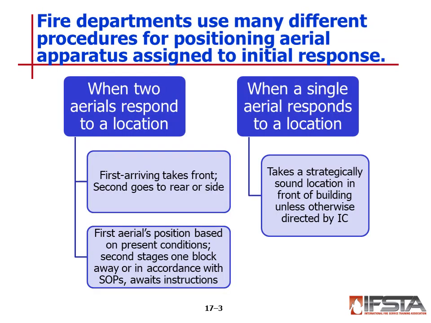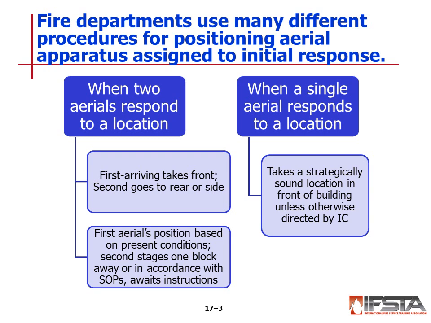There are many different procedures for positioning aerial apparatus assigned to initial response, including the following 3 examples. When 2 aerial apparatus respond to a given location, the first arriving aerial takes the front of the building and the second goes to the rear or side depending on building access.